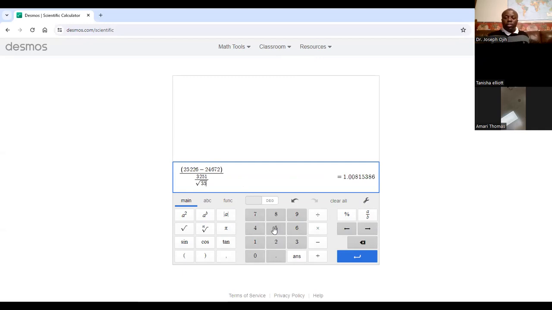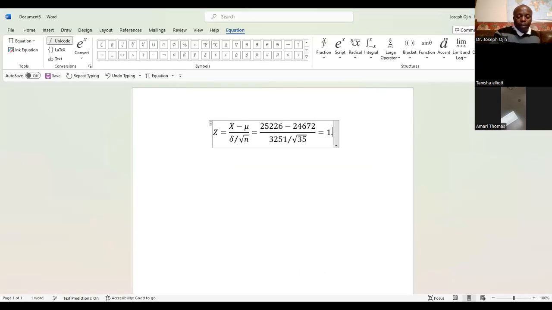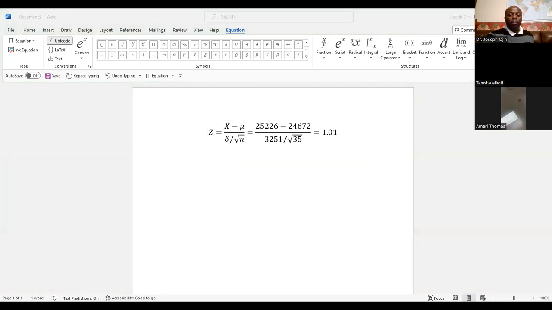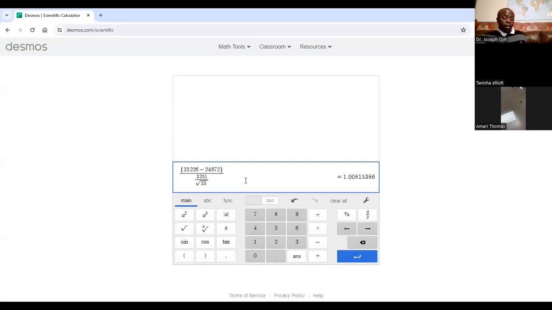That gives 1.00815 and so on. If you round it to 2 decimal places, it's 1.01. Let's take a look at it again to make sure we've got the right thing. Yep, everything looks good. We got 1.01.